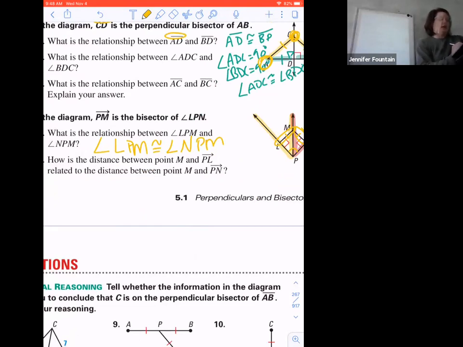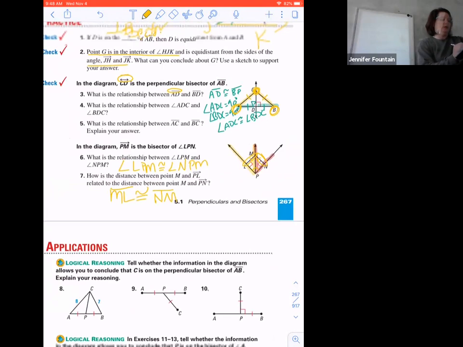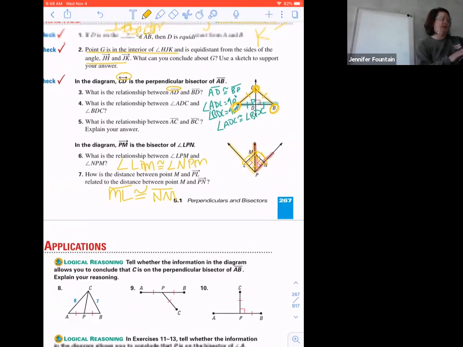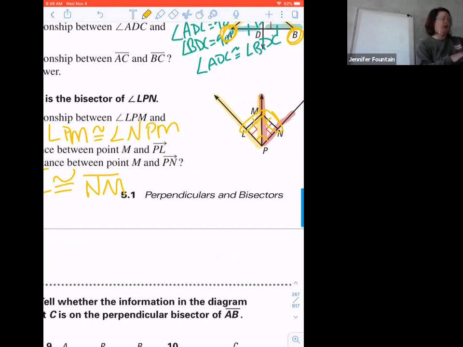So we said that ML is congruent to... hold up, what did I just do? What is the distance between point M and PL? Yeah, okay.